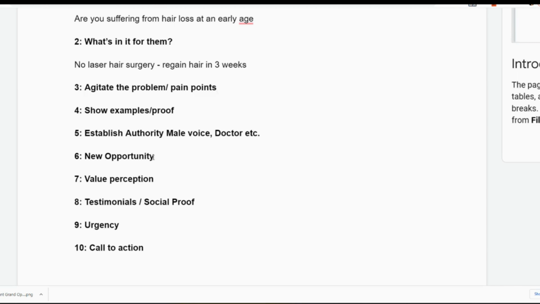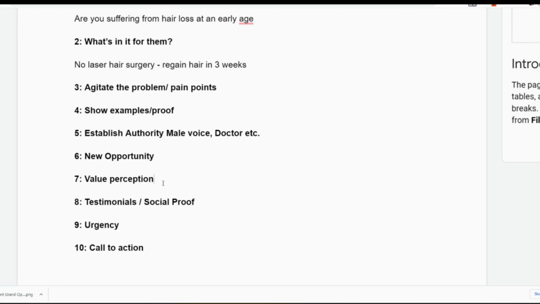Then the value perception, this is coming back to what's in it for them really. So you maybe want to repeat some of the benefits again. The value perception could be, you don't need to leave your house, you could do this from the comfort of your home. Usually if it's a supplement offer, you could also say something like, this takes 2 seconds to do every day. I've noticed that a lot in their ads.